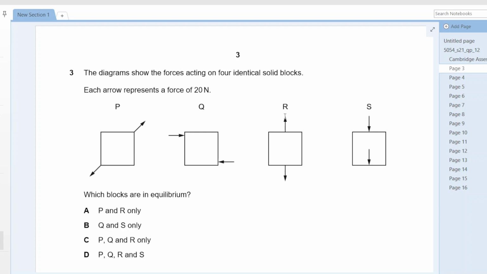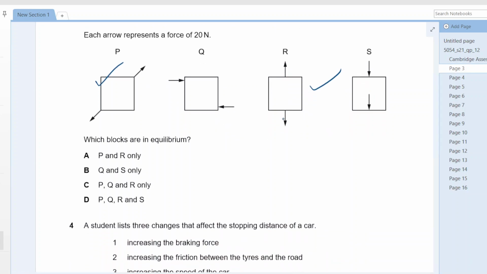This condition is satisfied by the situation at P and the situation at R. Therefore, answer A.